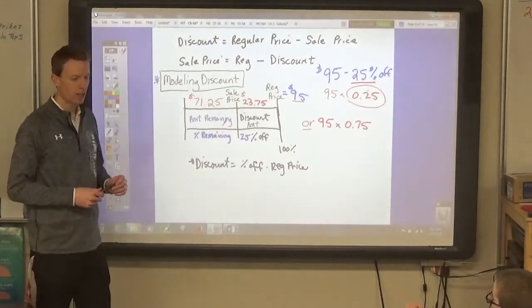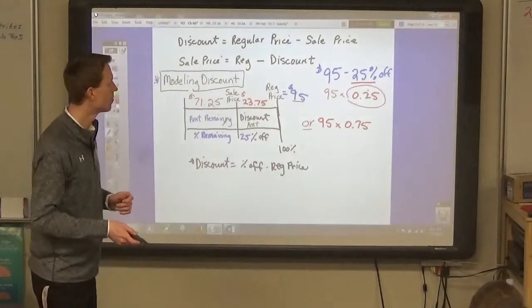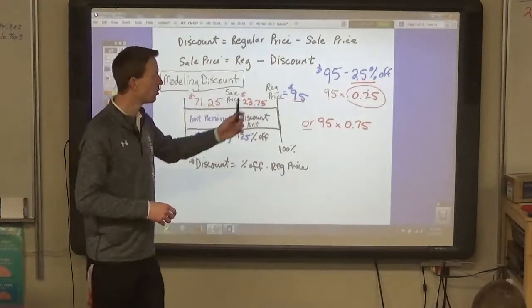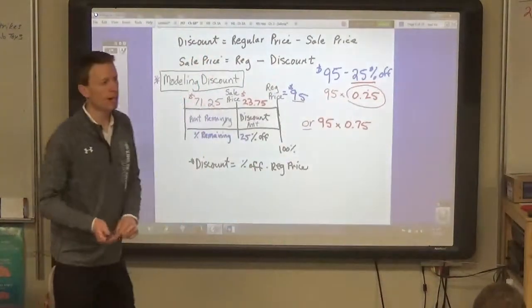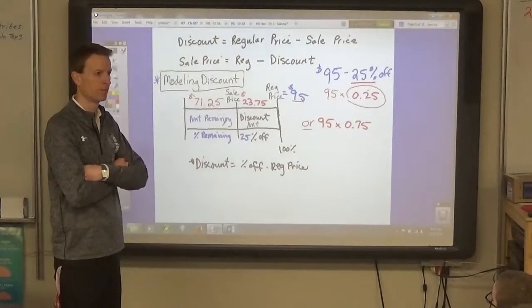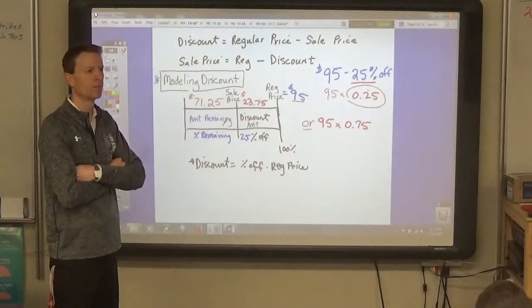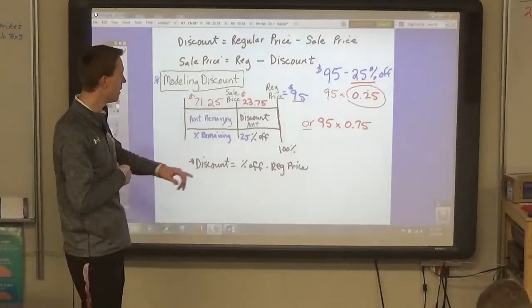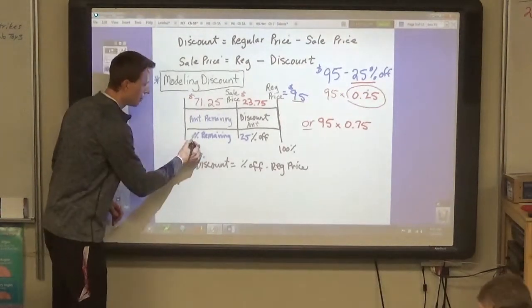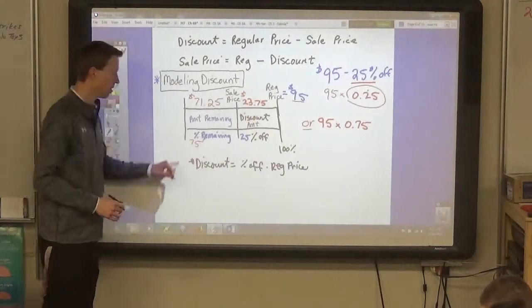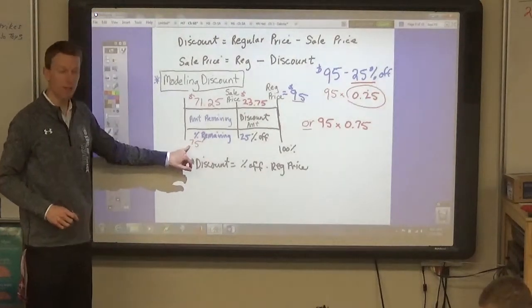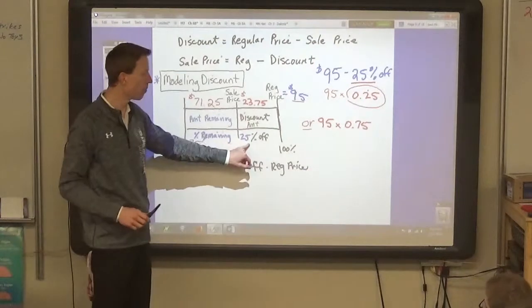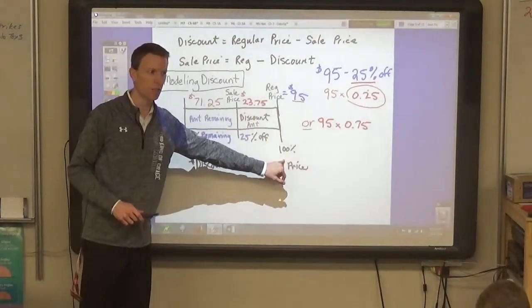Now, think of it this way, Johnny. If it's 25% off, what is the remaining percent? 75%, right? It's 75%, because 75% plus 25% is 100%.